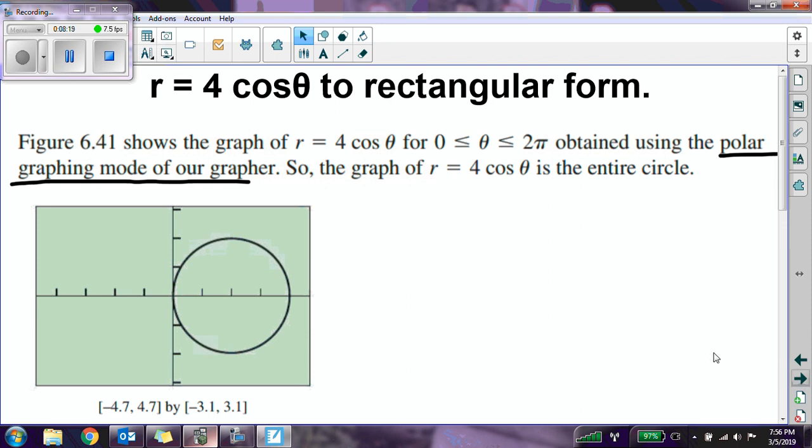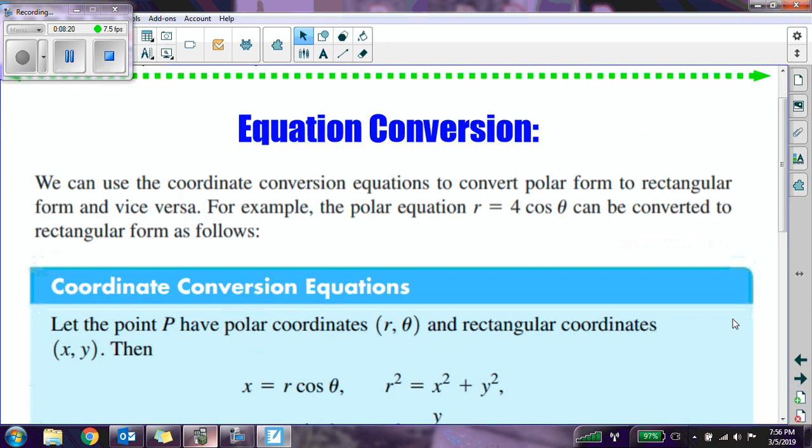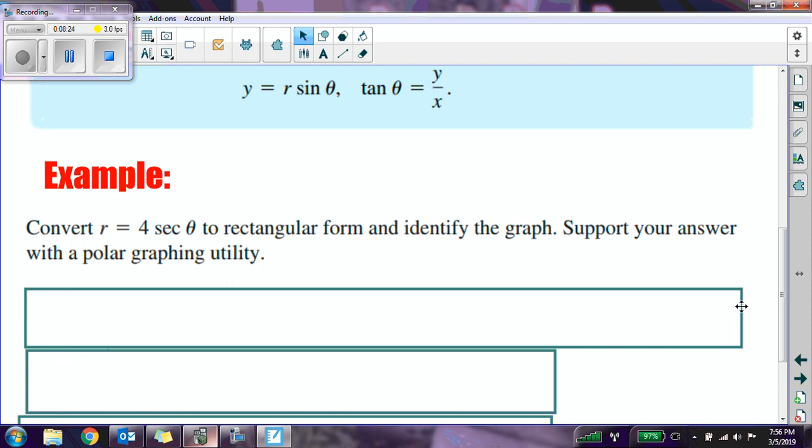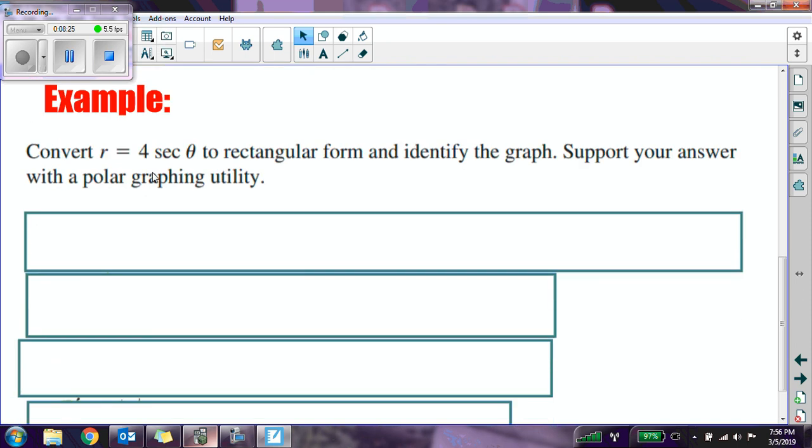Right, so let's look at another one, a little bit different of a type of equation that we're working with here. Right, so let's say we have now r equals 4 times the secant of theta. So in order to start with this one, we need to go through and first, let's rewrite secant in terms of cosine, since we know it's the reciprocal function of secant.